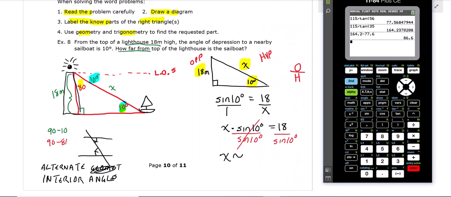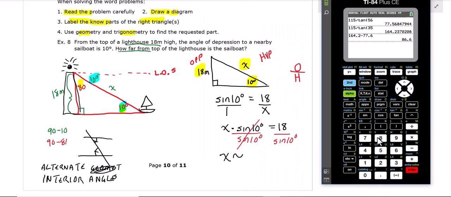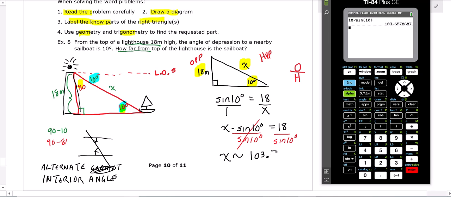So I'll go 18 divided by sine of 10 degrees. And then we'll round that off, I guess, to maybe 1 decimal. So the answer to the problem is 103.7 meters. Okay, that's it.